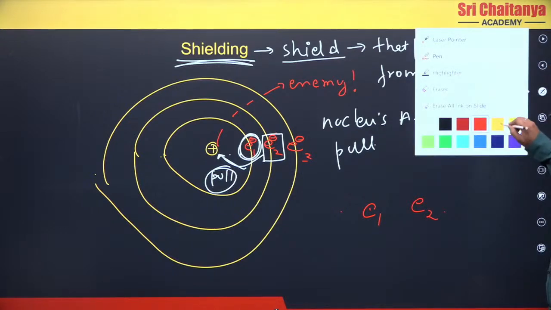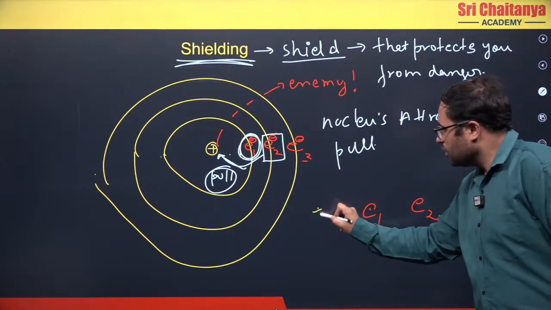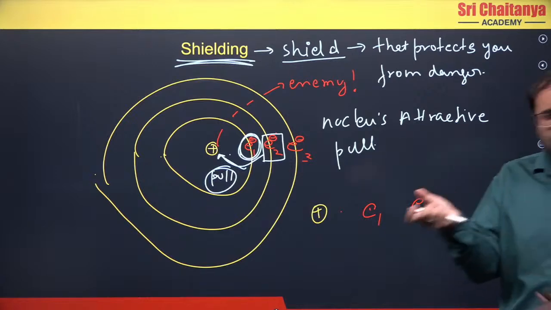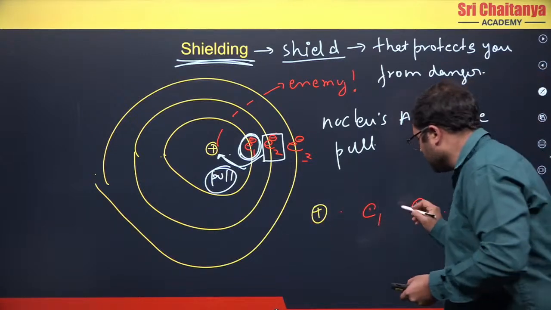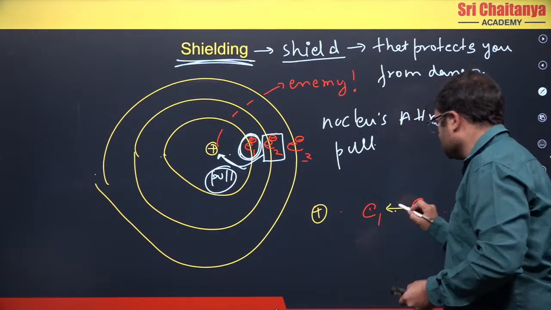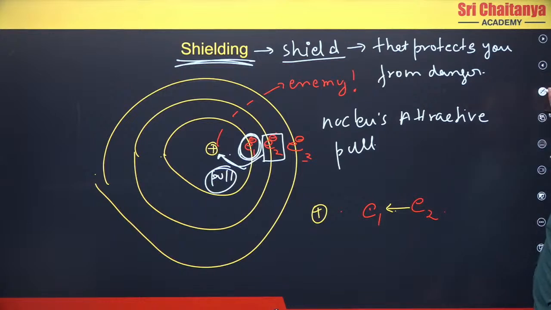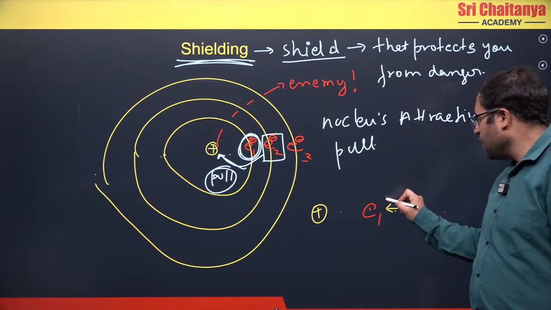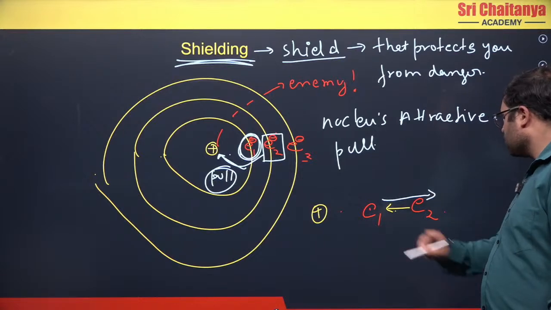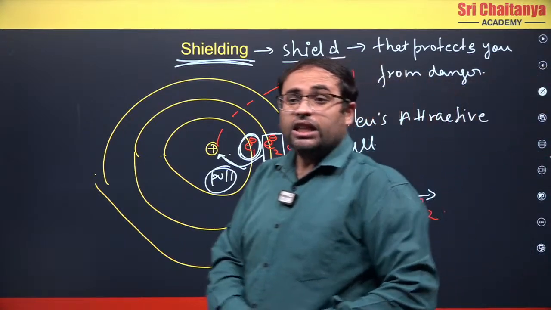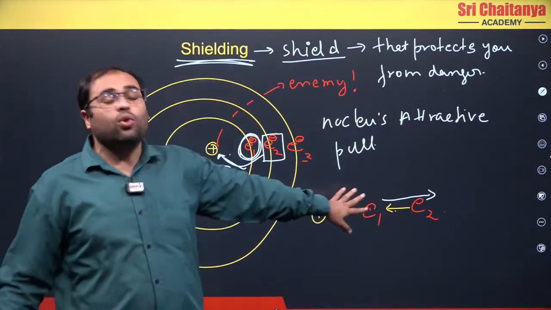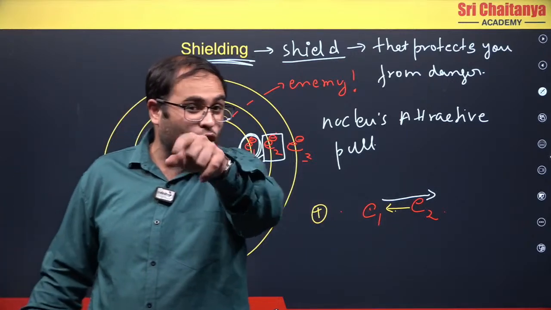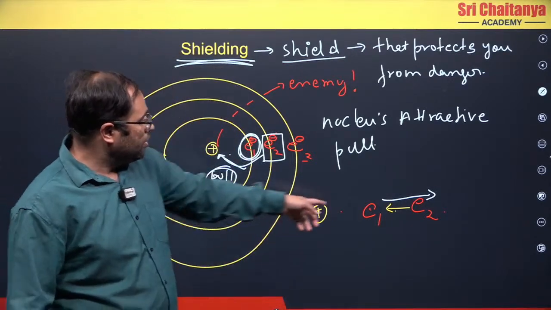Now the nucleus is pulling this electron 2 in this direction. But simultaneously, because electron 1 is also negatively charged, it will repel electron 2 in this direction. Can you see the yellow arrow and the white arrow are acting in opposite directions?